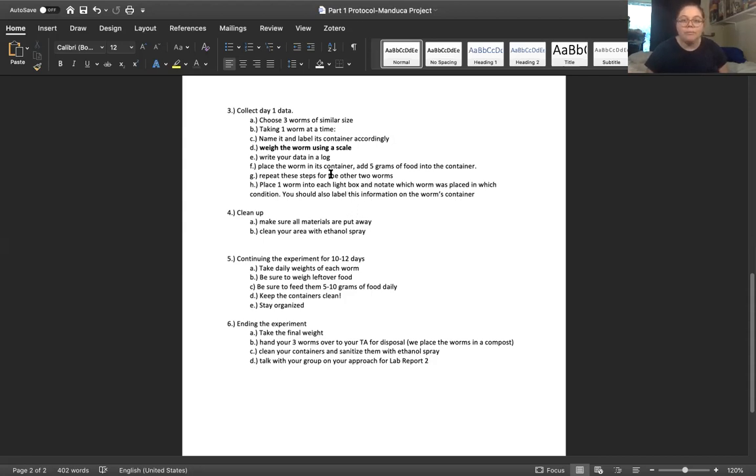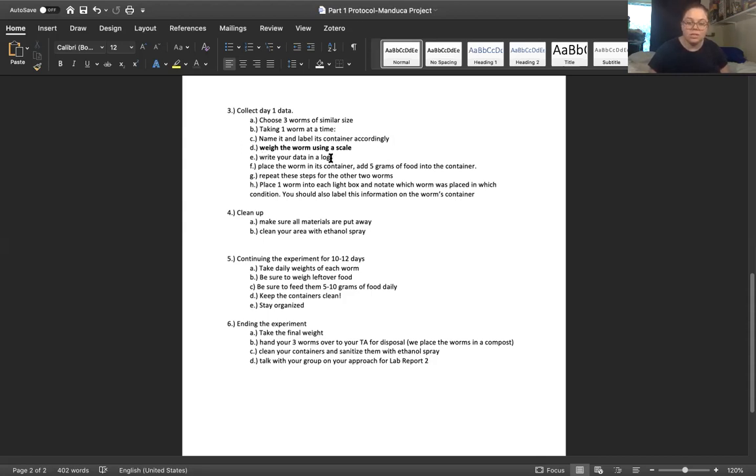And then you would weigh Jack the worm. You would put this into your data log, maybe he's 3.5 or 3.2 grams, if he's 3.2 grams, you put that into your data log, and then you place him into his own container, and you move on to the third worm. Let's say, name him Jill. You label his container accordingly, and you weigh him.